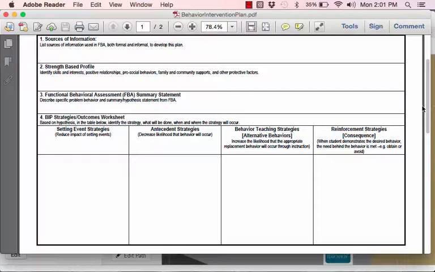Then this behavior support plan will also outline the function of behavior. It'll make a statement in terms of hypothesized function if you only did an interview or a direct observation. You could make more definitive statements if you actually did a functional analysis. But this support plan is asking you for information regarding function and why the behavior is occurring.